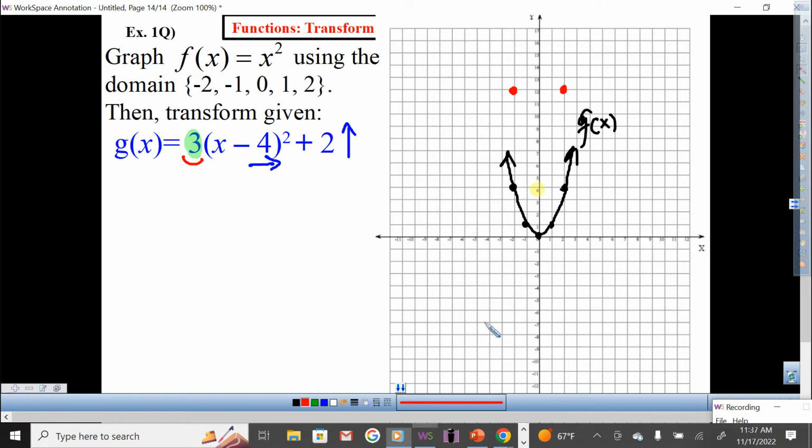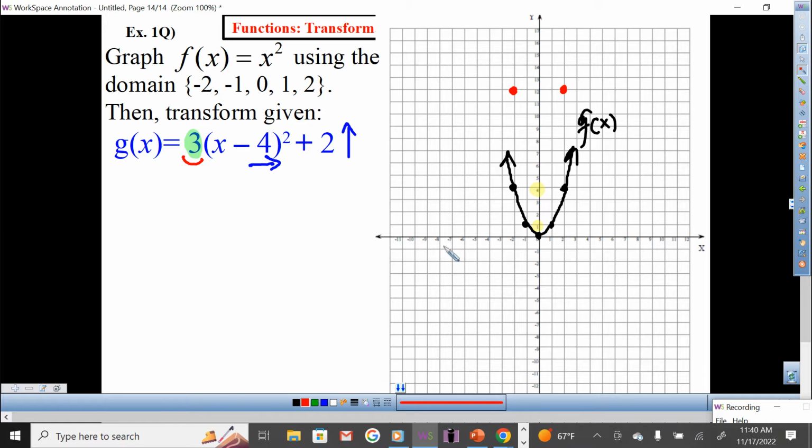Next, the bottom 2 points. These 2 points, the y value is 1. But now according to this transformation, tell your neighbor the new y value for those 2 points. Lorena, pass it to someone so they're ready. Fabian's going to be ready.